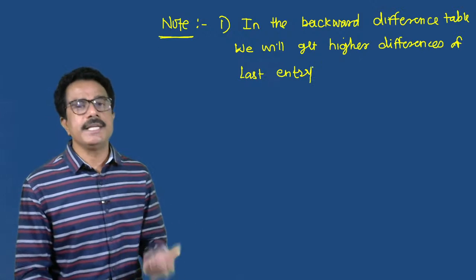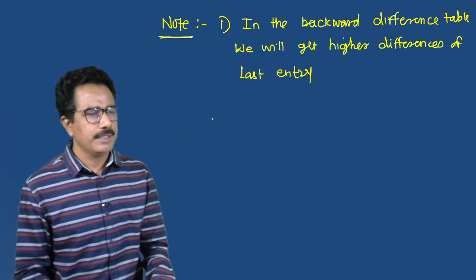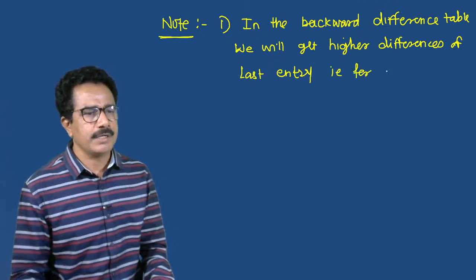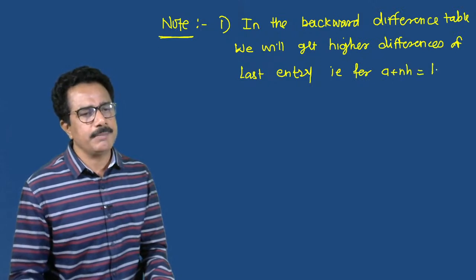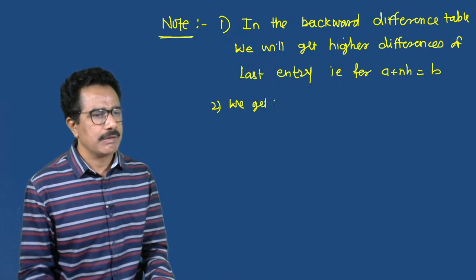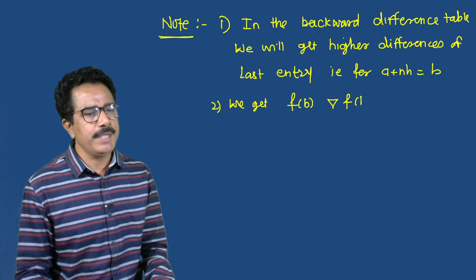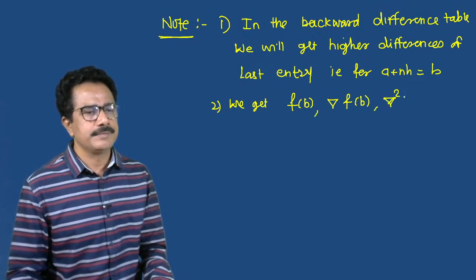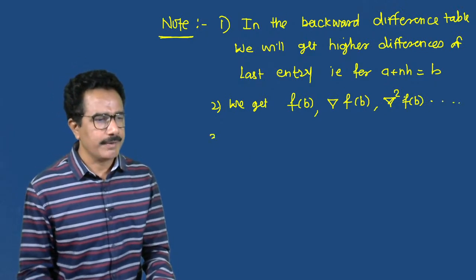Last entry means f of b, del f of b. For a plus nh, we can write b. That is second, we get f of b, del f of b, del square f of b, and so on, in this way.